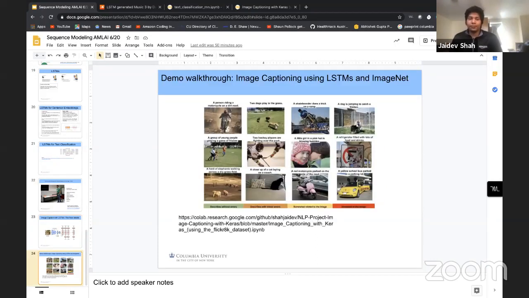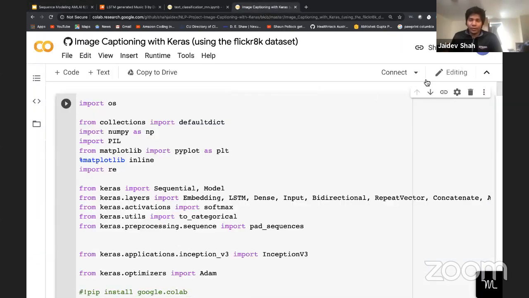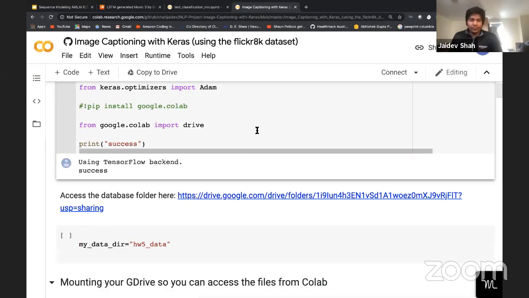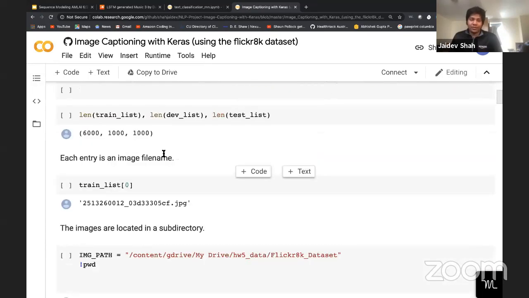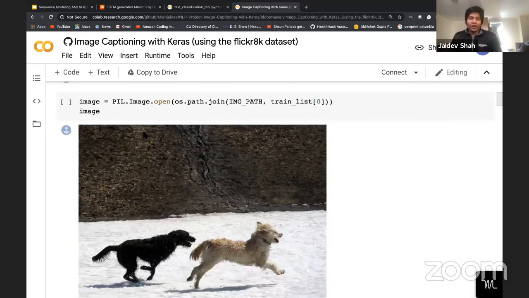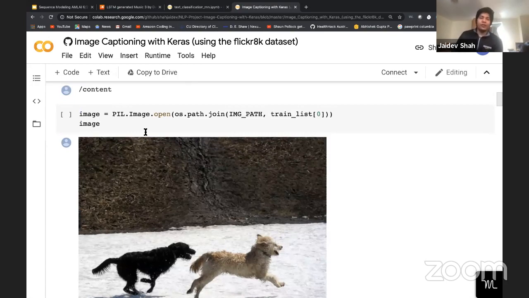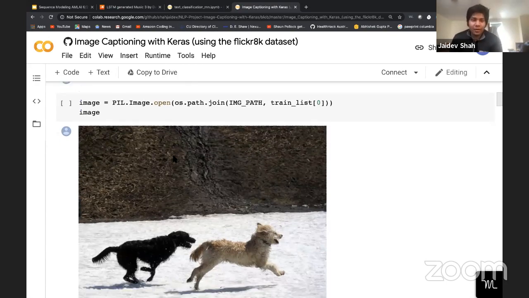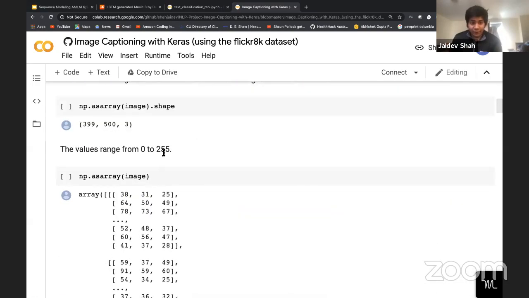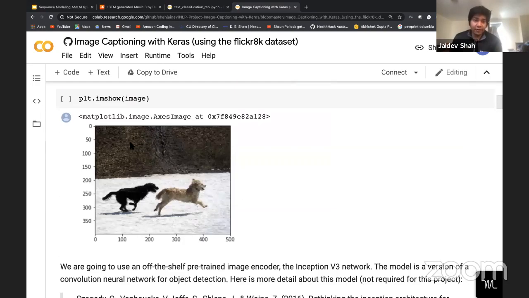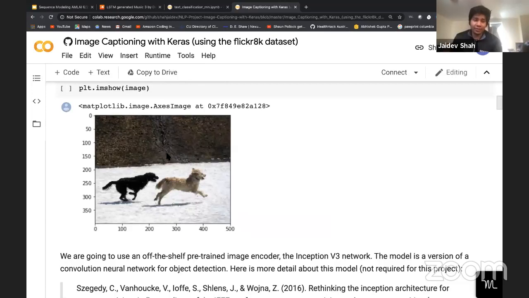Okay, so this is just pre-processing stuff. I use the ImageNet data set. Converting that into, so these are essentially just pixels, right?